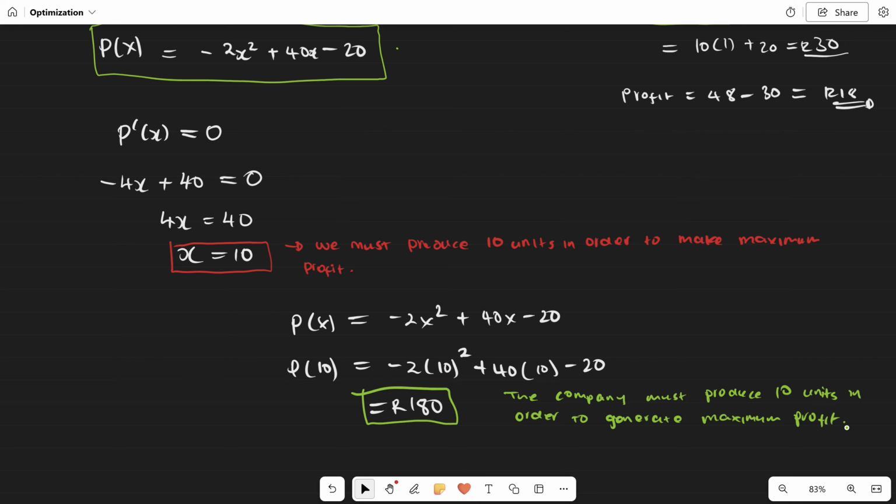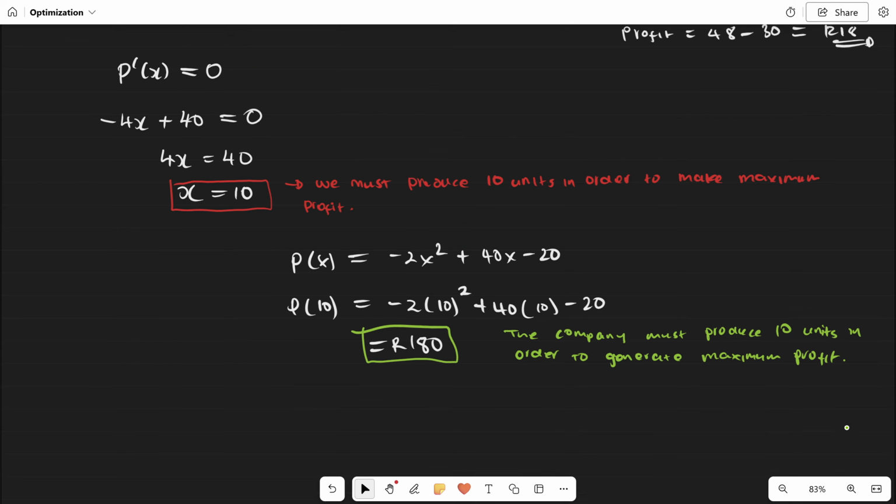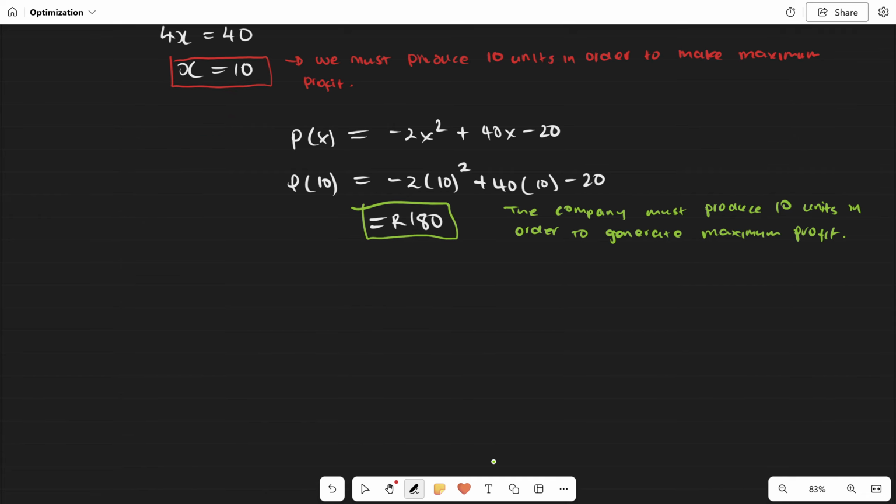The way that you can also see this is by representing it using a graph. You can try to draw this profit function in order to see why we are saying that at this point it is 10.